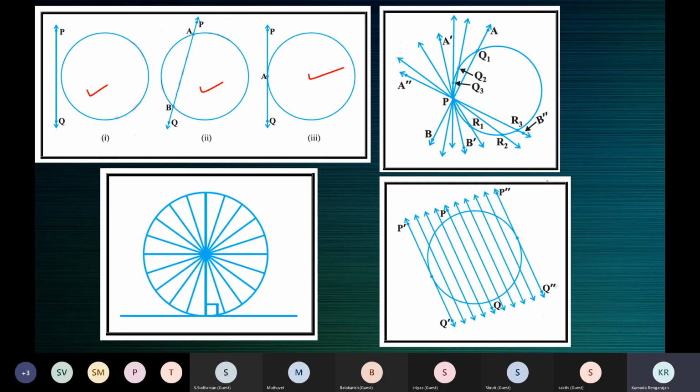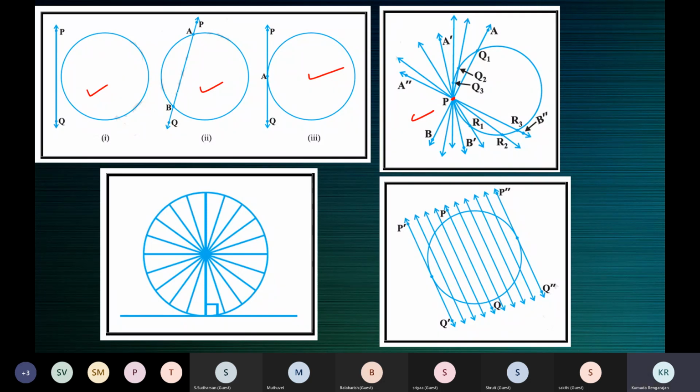What this figure says is, when you take a point P on the circle, you can draw infinitely many lines passing through this given point P. But of those infinitely many lines, only one line can act as a tangent to the circle. I'll repeat. Circle, point P on the circumference of the circle.